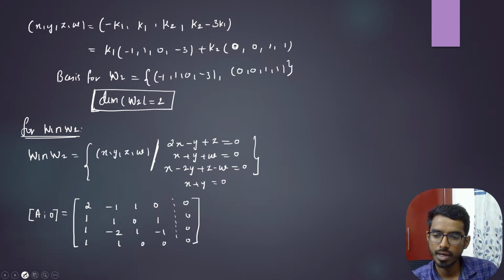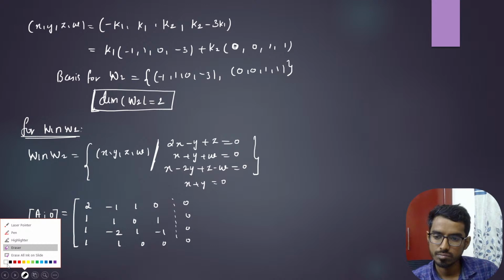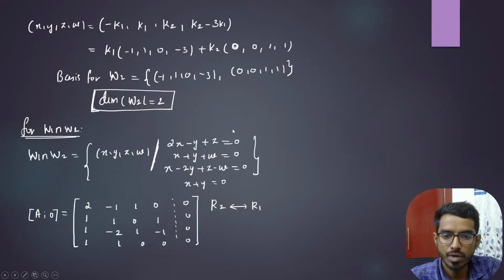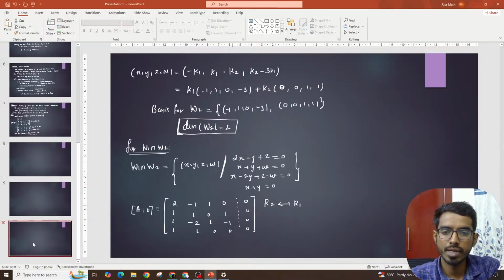First we will shift R2 and R1 so that it will be easy for us to reduce to row echelon form.